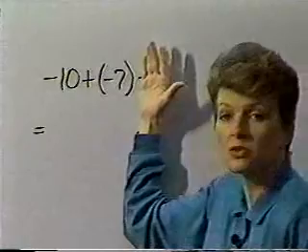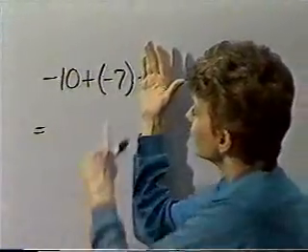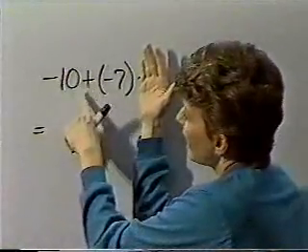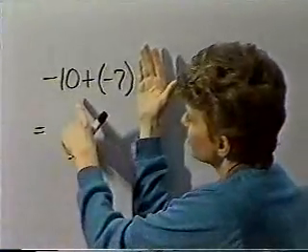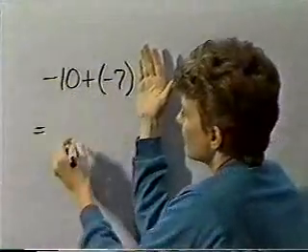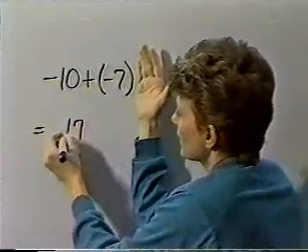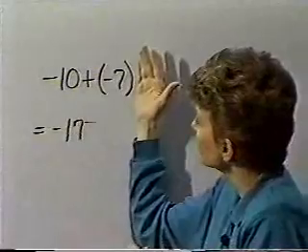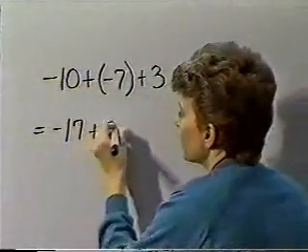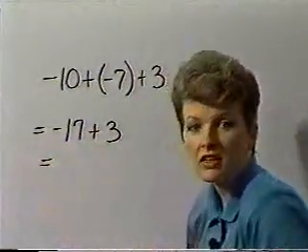Looking at the first two, you're adding two numbers with like signs, so add their absolute values. 10 and 7, that's 17. Keep the sign, so my answer there is negative 17, and then I have plus 3.